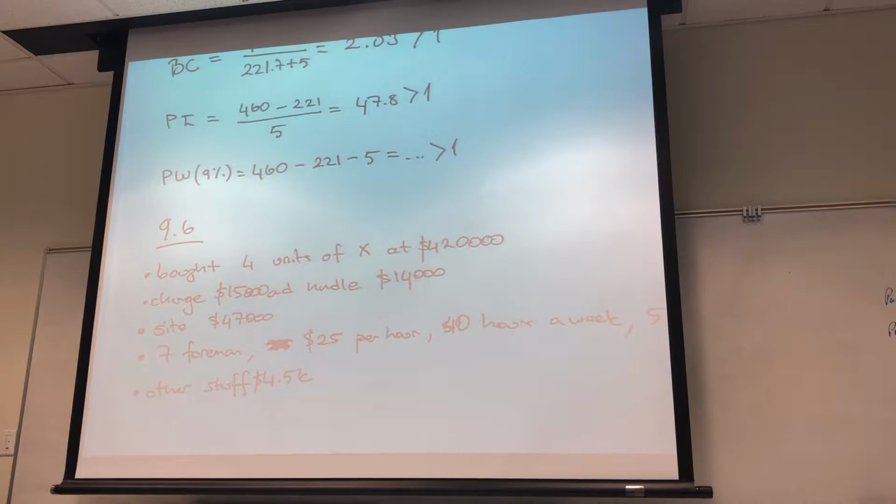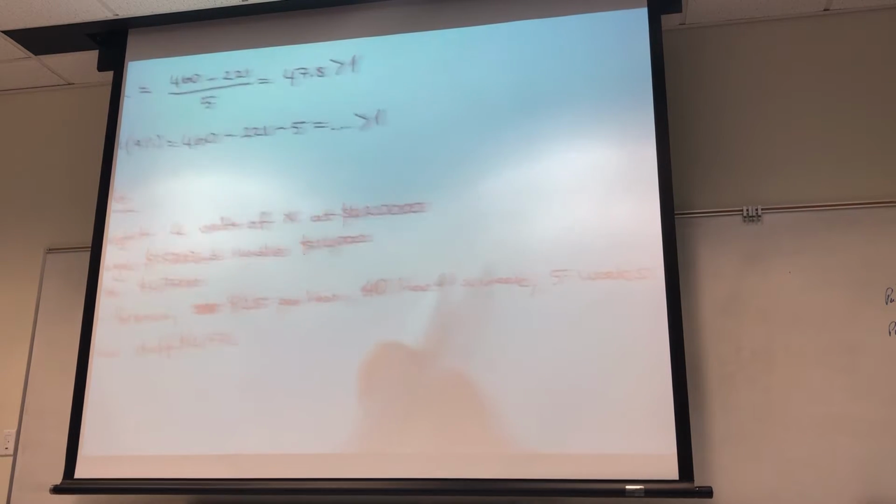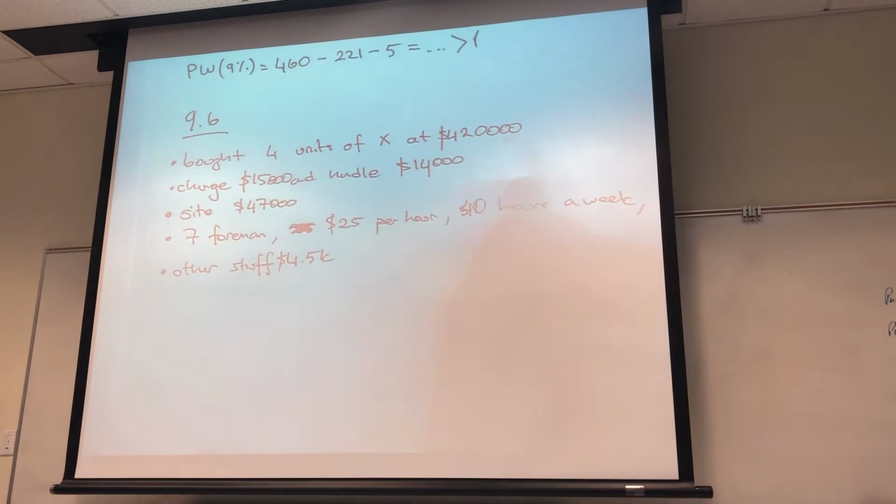plus. So we have 15,000 and 14,000 cost. Right? And then we have 47,000 plus the other stuff, 4,500 plus, so we have 7 people working at 40 hours a week, 5 weeks, $25 per hour.